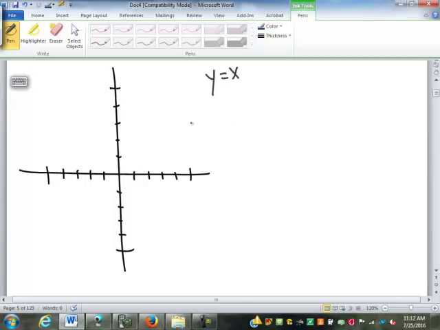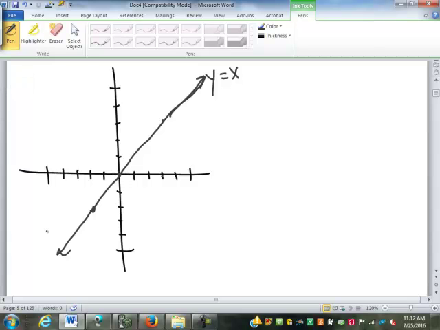There's no powers, no dividing by x. That's as simple as we can get. Well, if x is -2, what's y have to be? -2. If x is 0, what's y have to be? 0. If x is 3, what's y have to be? 3, right? So we get this straight line, of course. It's through our origin, through the center of our graph, and it goes diagonal corner to corner across the graph.